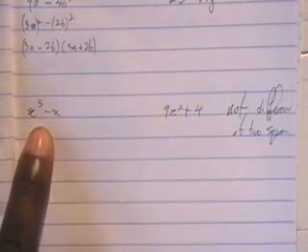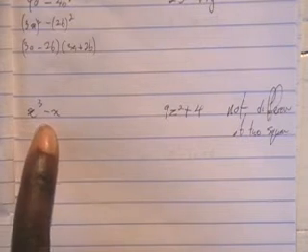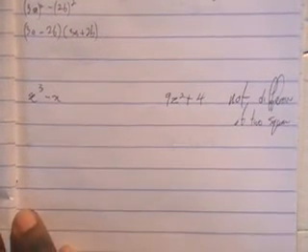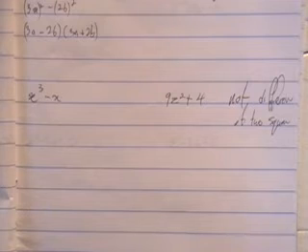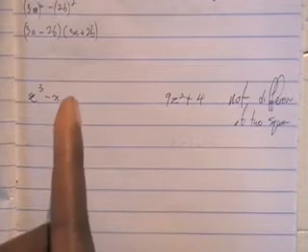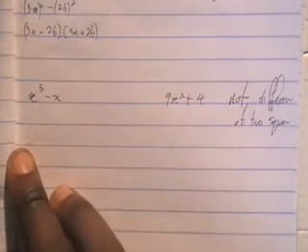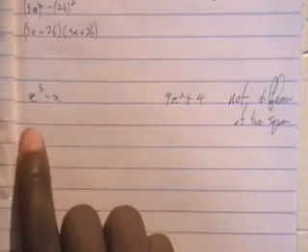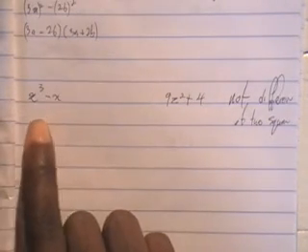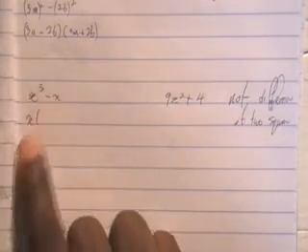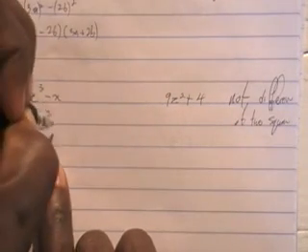Looking at this one, 3x cubed minus x, many of you will say there's no square, and there's an x there with no square again. Well, what we said initially is that whenever you have terms that you can add or subtract, you have to factorize. If we take out what is common, which is x, you will have x squared minus 1.